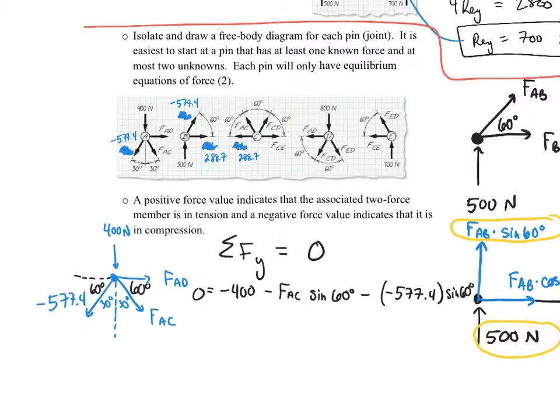The sine. So when we look at this setup, what can we solve for here? FAC. Solve for FAC. Then I want you to write the equation of motion for the x direction. Sum the force in the x. You'll have two unknowns. One of them will be FAC. Plug that in and get the other unknown, which will be FAD. So finish the y direction, get this value, go to the x direction, and find FAD.